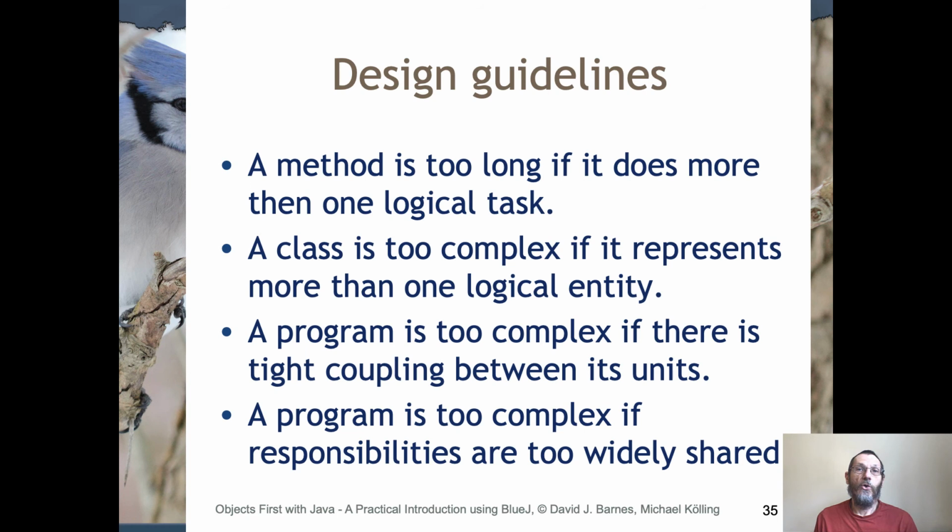A program can also be too complex if there's too high a degree of coupling between its units. We've discussed that coupling is inevitable, otherwise entities can't interact, but it's the degree to which each entity is responsible for its own set of data, its own internal implementation, that determines whether the complexity is too high or not. Introducing a high degree of coupling, too much exposure of internal workings of one class to another class, or interference by one class in another class, is going to be the problem.